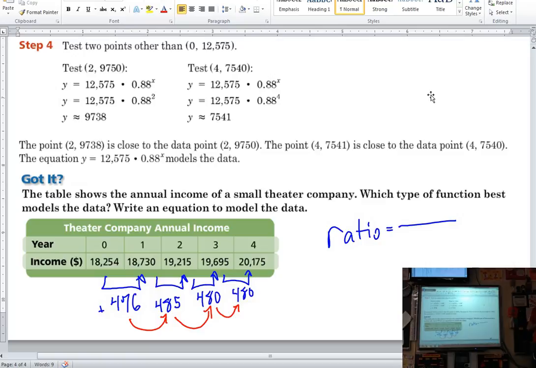So if you do like 18,730 over 18,200. Take neighboring terms, take the higher term number, not necessarily the higher value, but the higher term number, and set it in division with the lower term number.